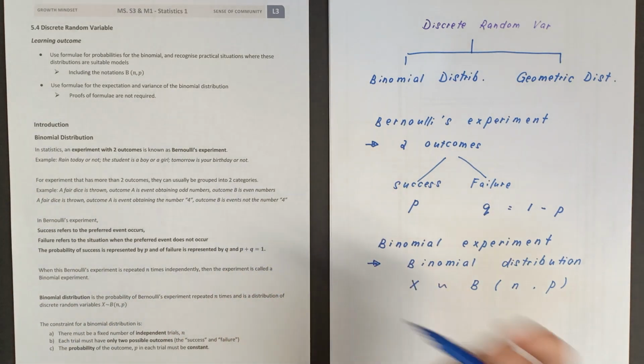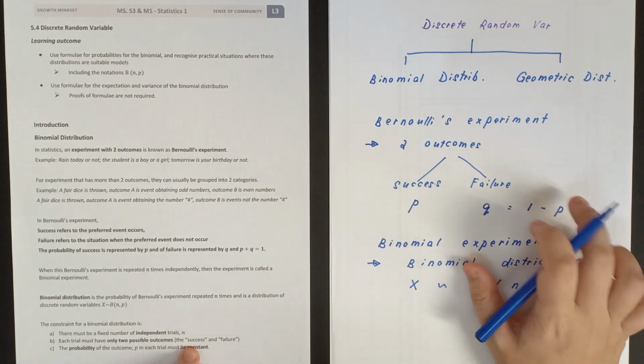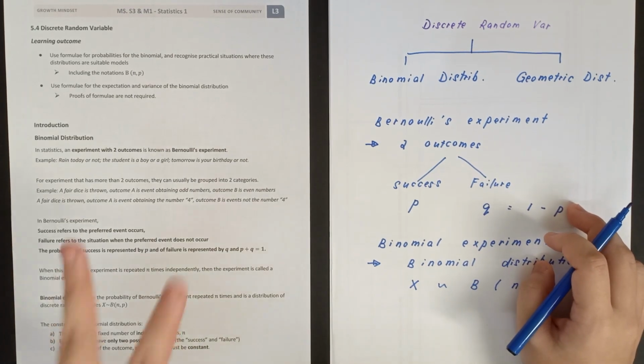The first idea is that there must be a fixed number of independent trials n. If I want to throw the die 6 times, I have a fixed n, which is 6. The second is that each trial must have only 2 possible outcomes, which I explained just now.